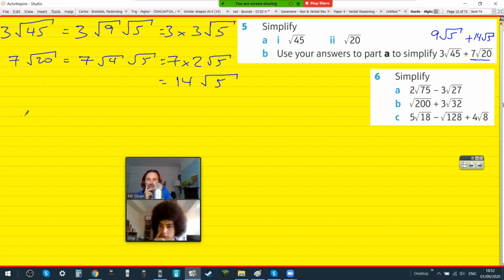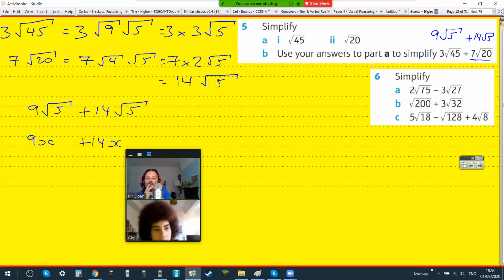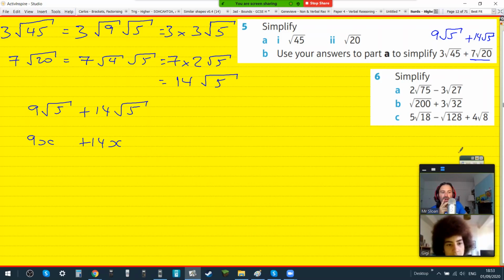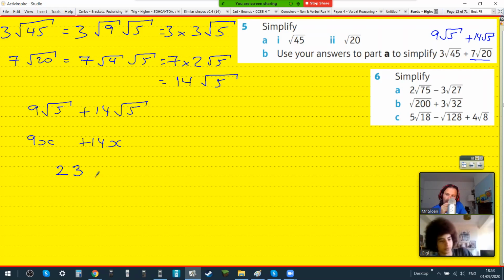And do you know how to do 9 root 5 plus 14 root 5? It's a lot like 9x plus 14x. 23 root 5 squared. Is 9x plus 14x 23x squared? I don't think so. What is it?